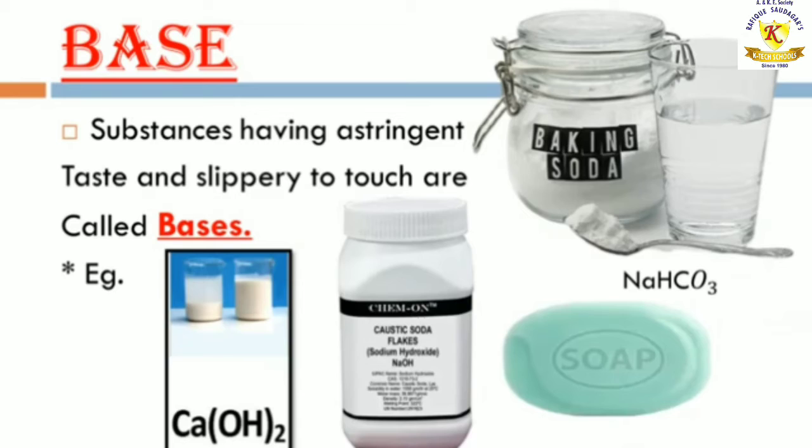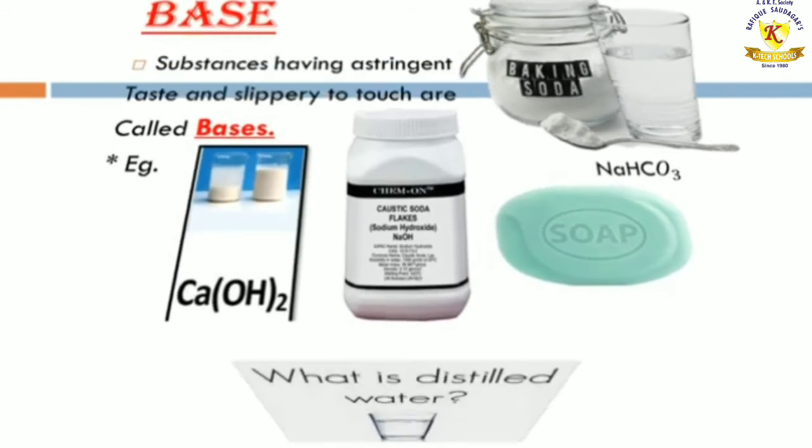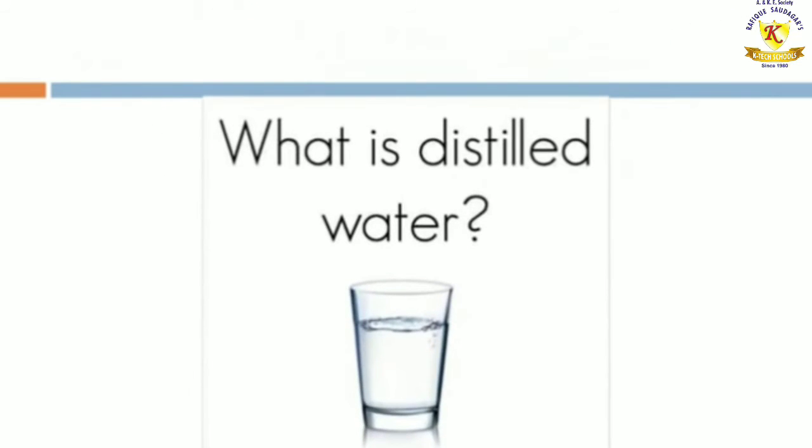These are some examples of bases. So, the substances having astringent taste and slippery to touch are called bases. Bases are completely different from acids. Chemically, they have properties opposite to that of acids. They are also inflammatory to the skin in their concentrated form.